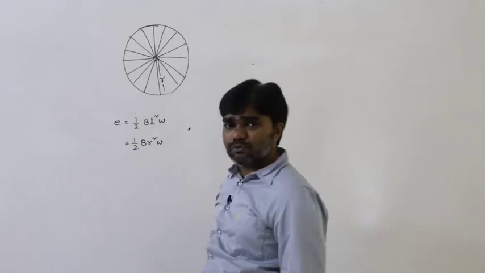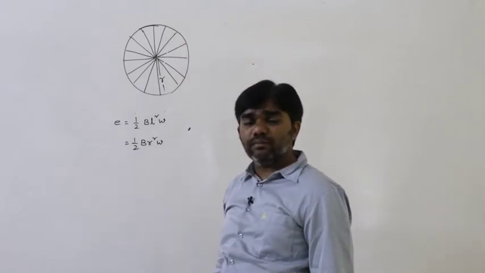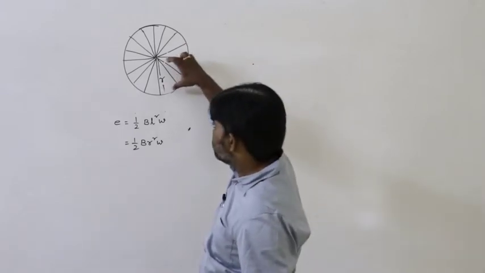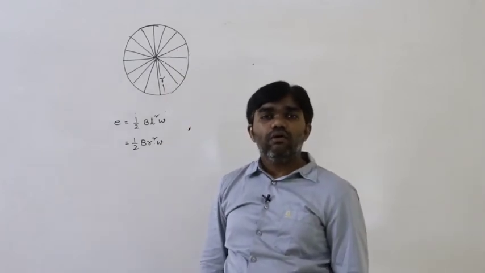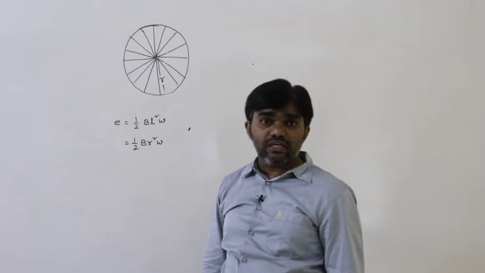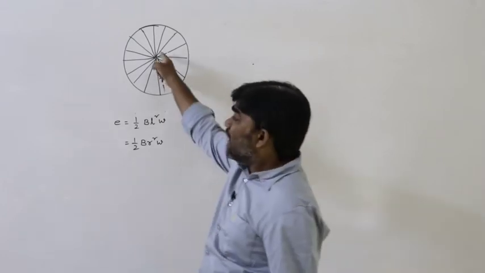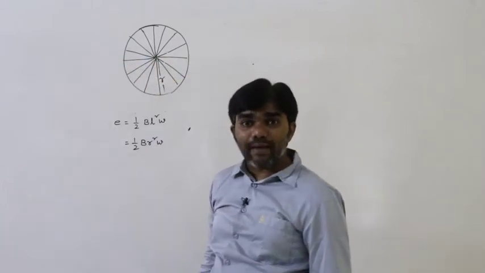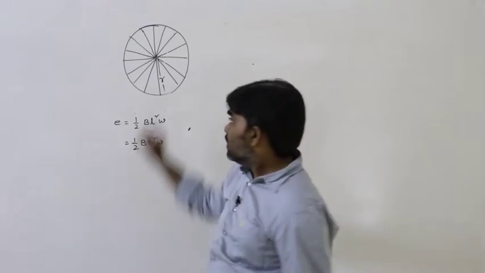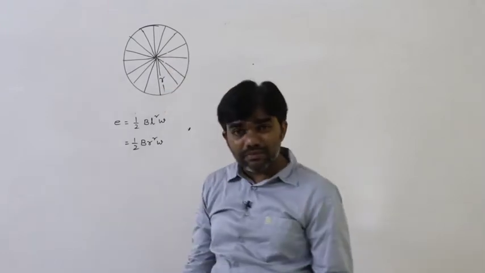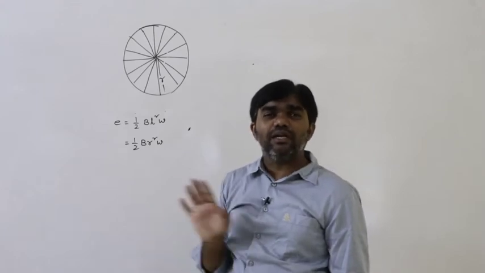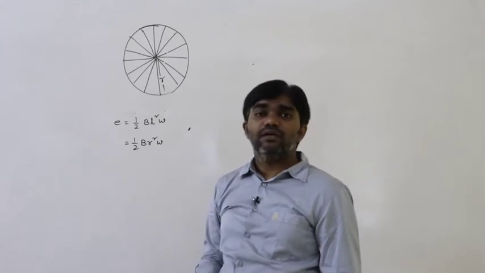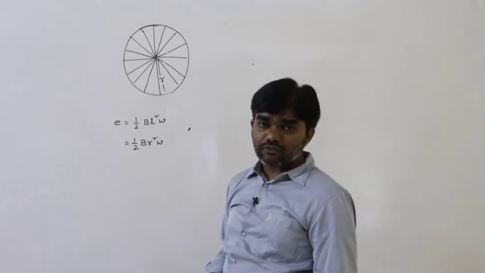Whatever the number of spokes, the same amount of EMF is developed across each and every spoke, and all the spokes are in parallel. That means the same potential difference exists. It does not depend on the number of spokes. Remember that.